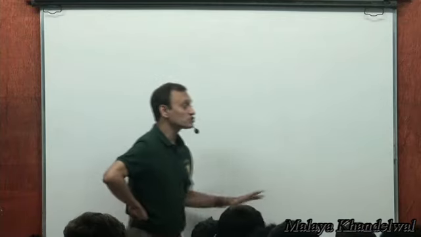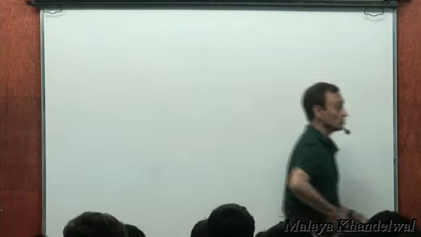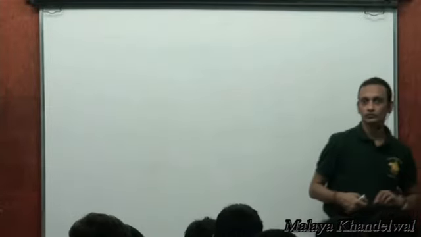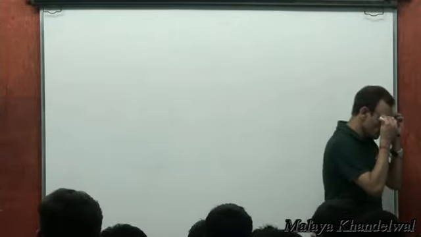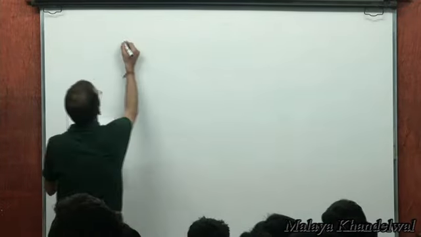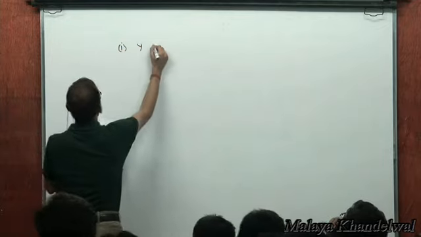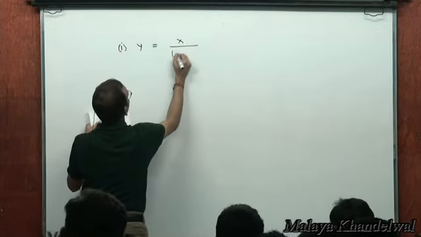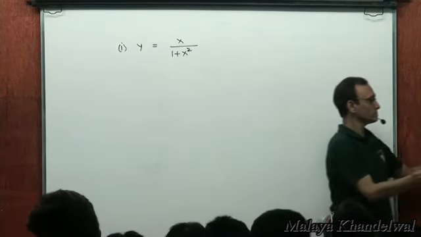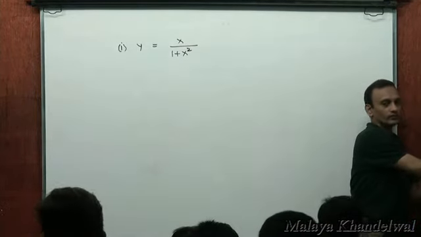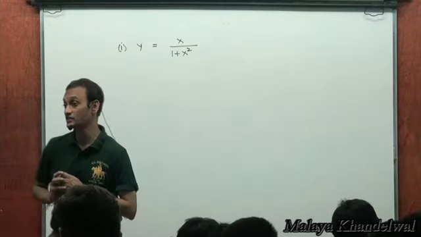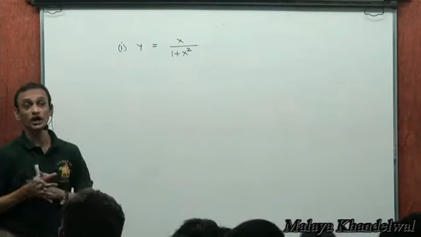Now, let me illustrate a few things from the sheet that has been given to you. See, there is a problem which is y equal to x by 1 plus x squared. Let me draw the graph of this function.